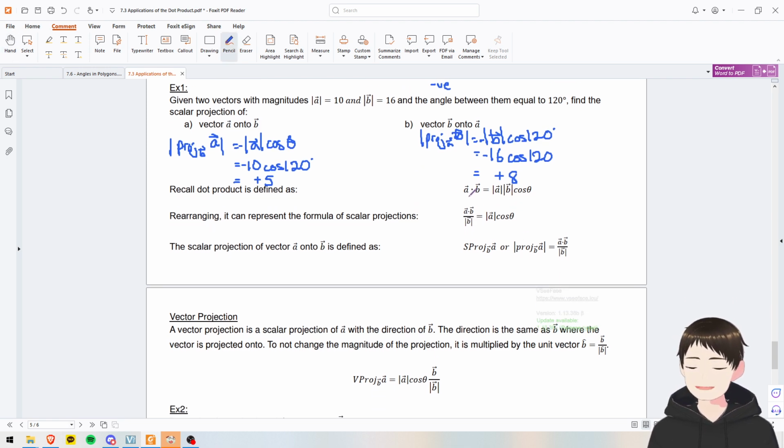You know that this is the definition of dot product. So to go from dot product and only discuss the projection, we can divide both sides by the magnitude of B, giving me the scalar projection of vector A onto B is equal to A dot B divided by the magnitude of B. Okay, it's pretty cool stuff.